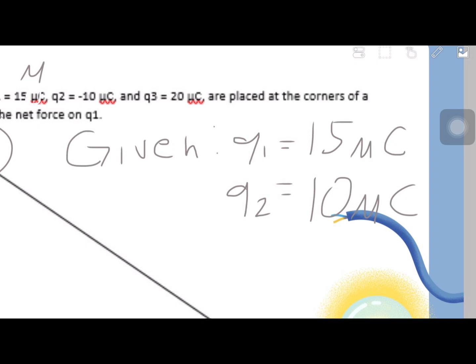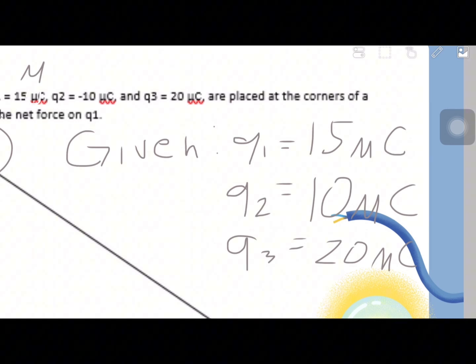So as you might have recalled from the definition of our own formulas, Q would only revolve around the magnitude, and magnitude does not have any negative. It is just an absolute number. So yes, Q3 would equate to 20 microcoulomb.